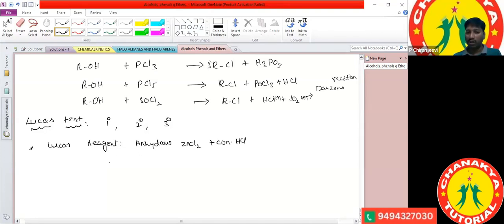Now here a tertiary alcohol, a secondary alcohol and a primary alcohol.